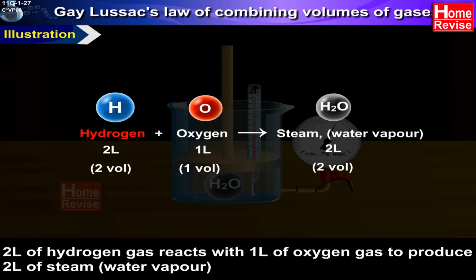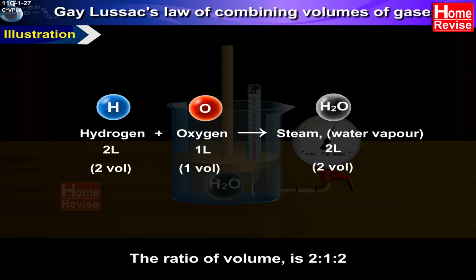That is, hydrogen plus oxygen gives 2 steam. 2 liters plus 1 liter gives 2 liters. 2 volumes plus 1 volume gives 2 volumes. The ratio of volumes is 2:1:2.